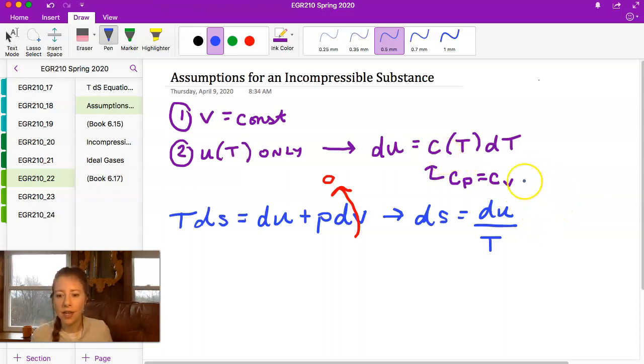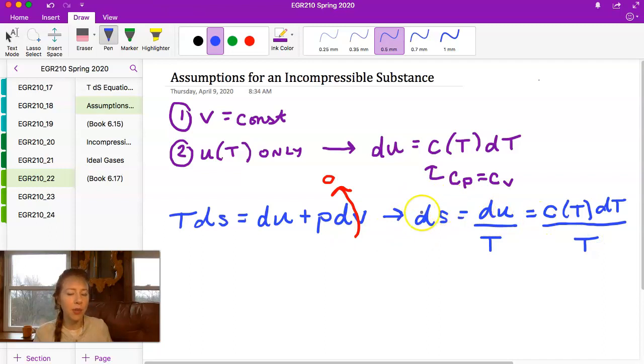Then we're going to have that du over T is equal to C, which is a function of temperature, dT over T. So for an incompressible substance, we can get ds just by knowing the two temperatures, the start temperature and the end temperature for the process.